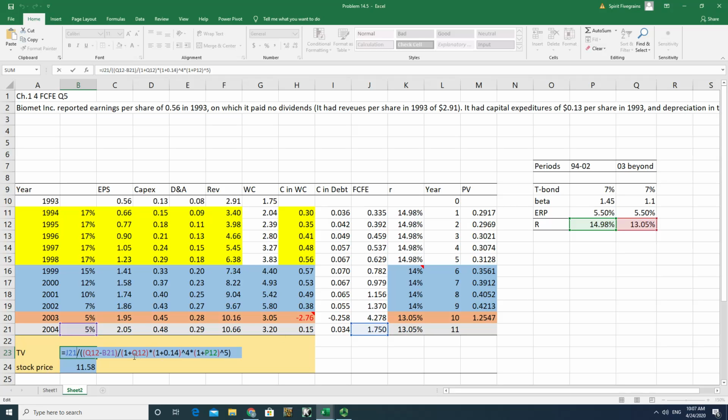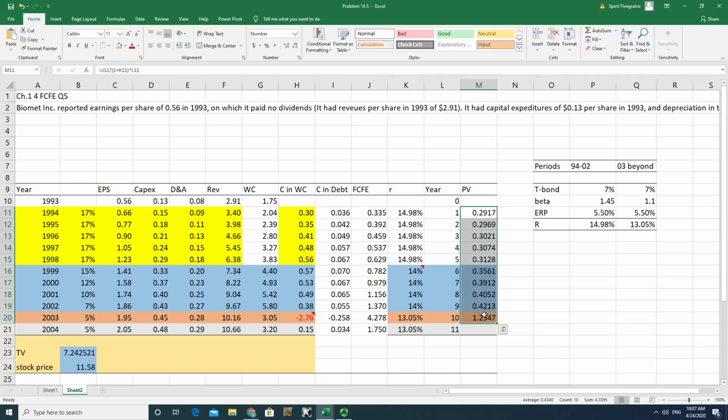See that? 13% for 1 year, 14% for 4 years, and 15% for 5 years. That will give me this terminal value. When I add up the terminal value and the present value of all previous 10 years of free cash flow to equity, I get this stock price estimation.